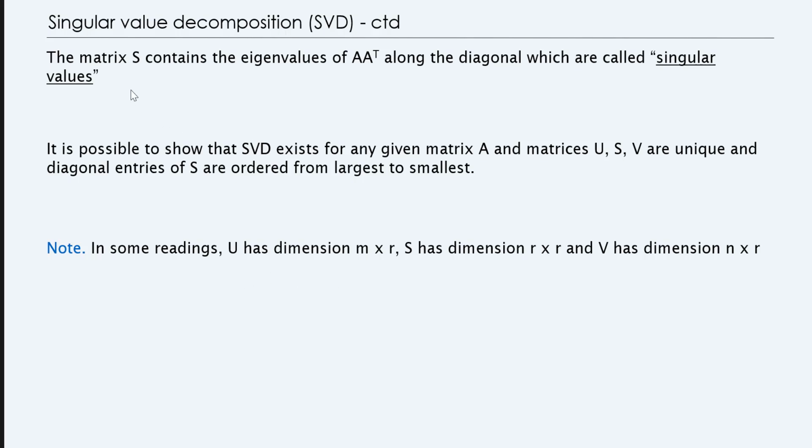The matrix S contains the eigenvalues of A transpose A along the diagonal, and it's possible to show that SVD exists for any given matrix A, and the matrices U, S, V are unique, and the diagonal entries of S are ordered from largest to smallest. In some readings, U has dimension M by R, S has dimension R by R, and V has dimension N by R.